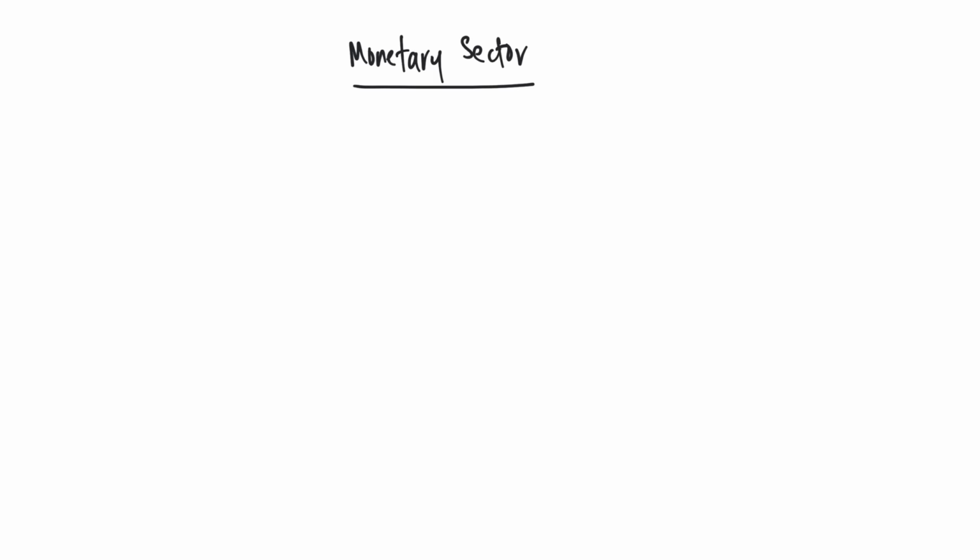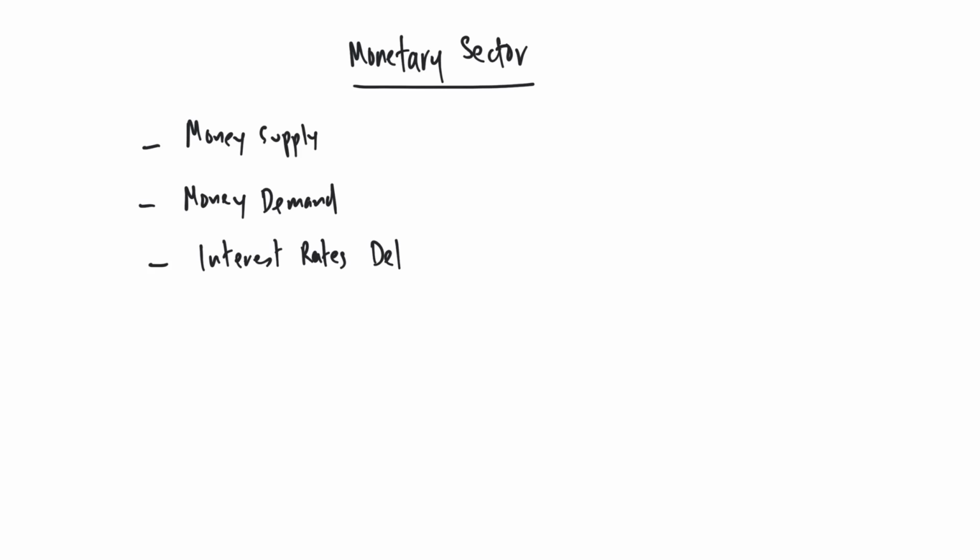So what we try to do in this chapter, the monetary sector, is look at, first of all, money supply. We look at money demand. And therefore, we look at interest rate determination.